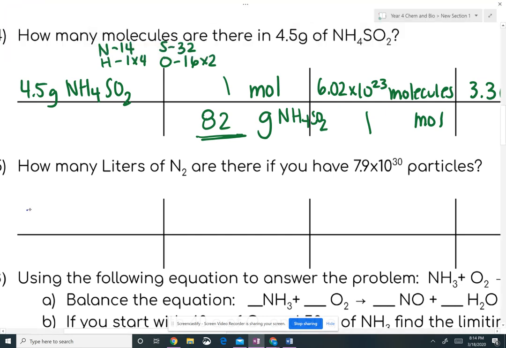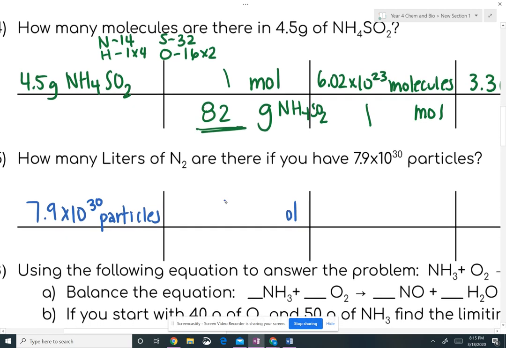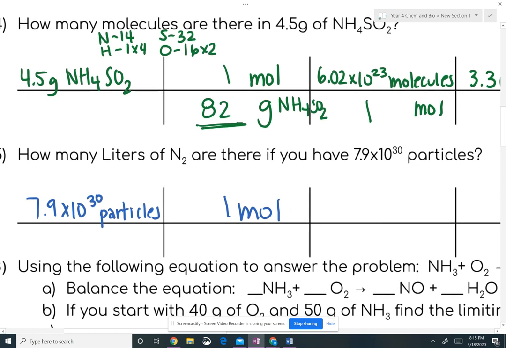So I'm going to start with 7.9 times 10 to the 30th particles, right? And then I need moles, because I got to go moles to liters, right? So I need 1 mole. And then I am going to make sure that I have liters at the top because that is the thing that I want, right?